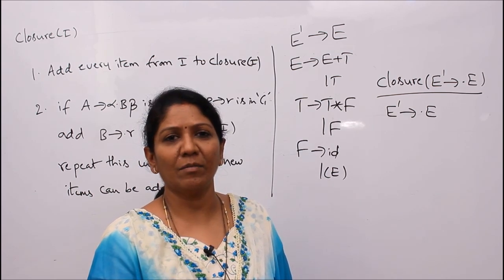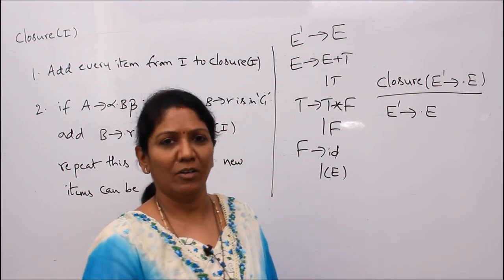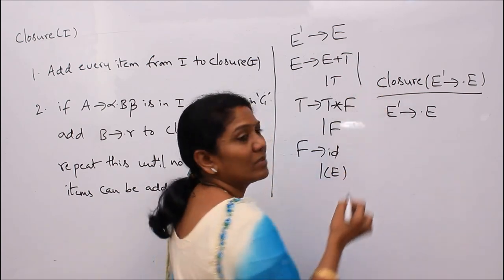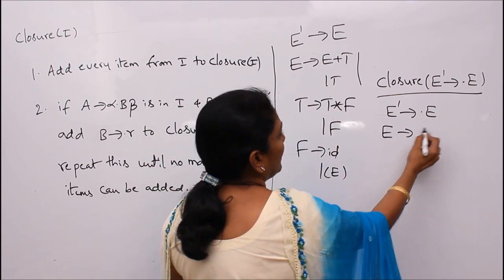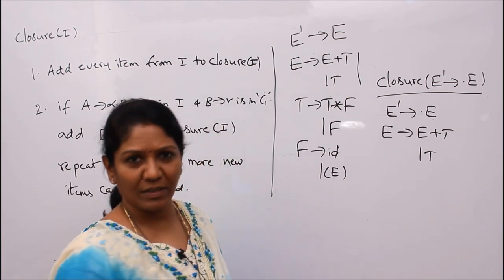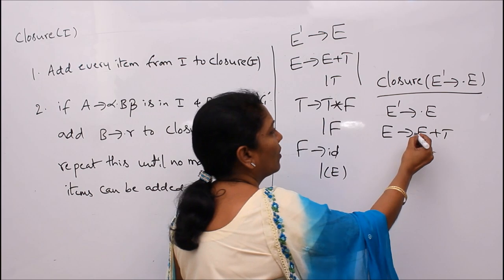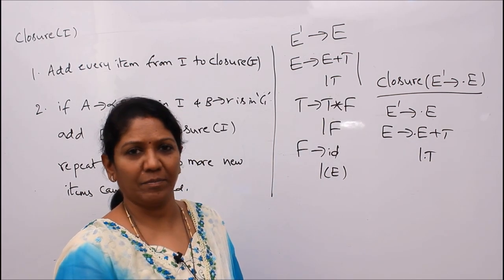Whenever it is a non-terminal, take the productions for that non-terminal from the grammar and add it with the dot at the beginning. So here E is a non-terminal. What are the rules that are defined for E? Look at this. E → E plus T, E → T. These are the two productions that are defined for E. So add it to closure I with dot at the beginning. That is how we convert a production into item.